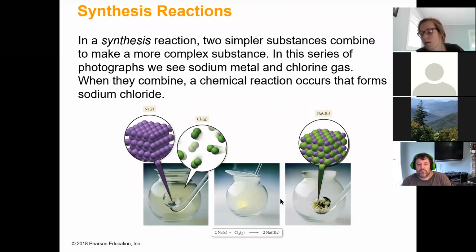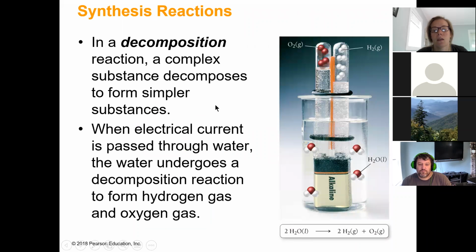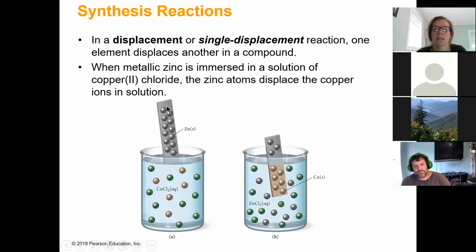So some examples of these, this would be a great example of a synthesis reaction. Sodium combining with chlorine to produce sodium chloride. Two individual things coming together as a couple. Decomposition of water here. You can do it pretty easily with a battery. We've got water. We break it up into oxygen gas and hydrogen gas. Okay, decomposing. Single displacement, I've got a stick of zinc here, and I'm going to drop it into a solution of copper(II) chloride.